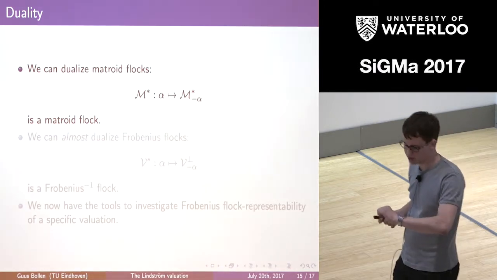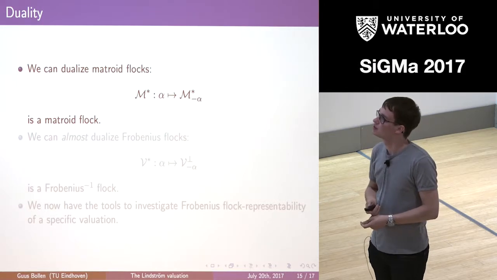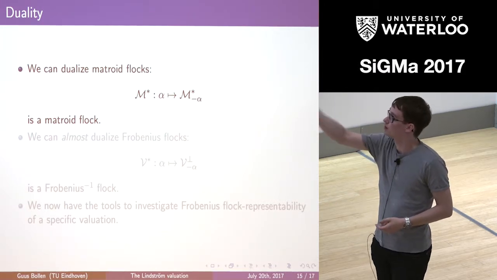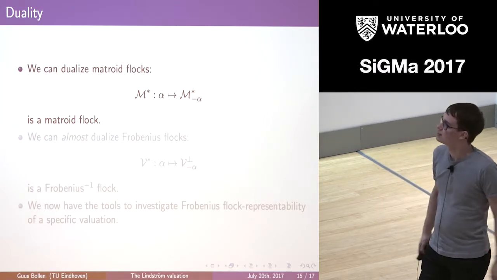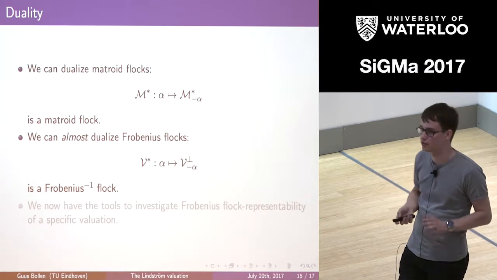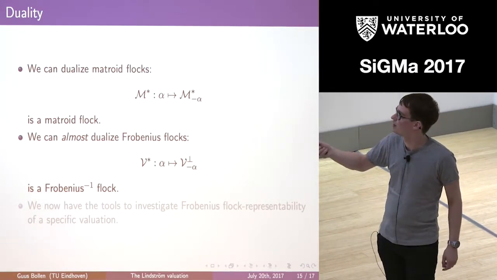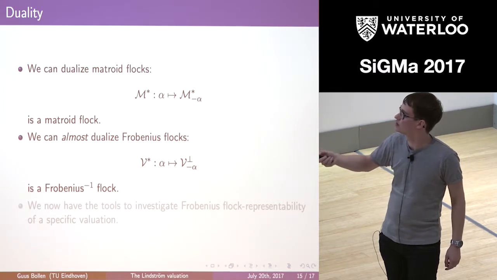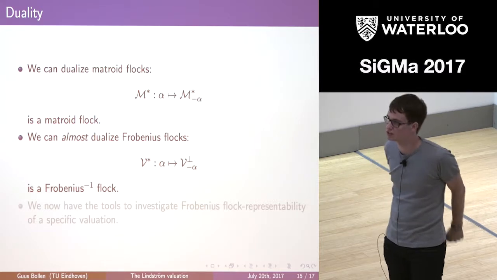So we have a notion of duality for matroid flocks. We can simply take the dual of the matroid at alpha and put a minus sign in front of it. But for Frobenius flocks, we have almost duality. We can do the same, but it's no longer the Frobenius automorphism that's working, but its inverse.